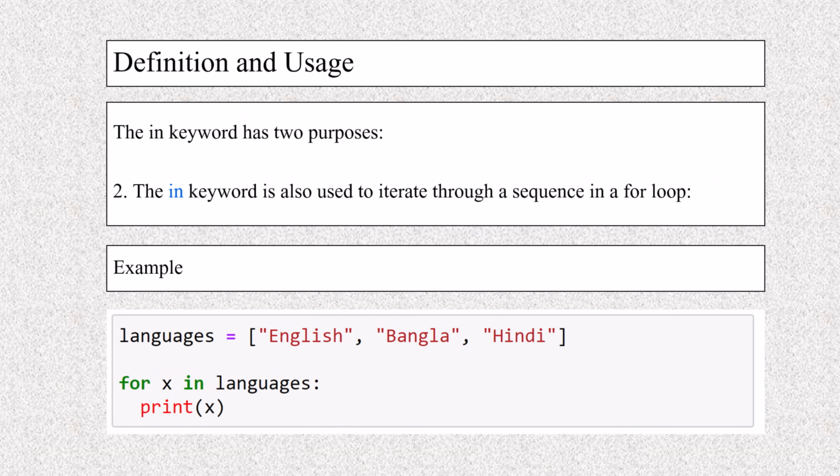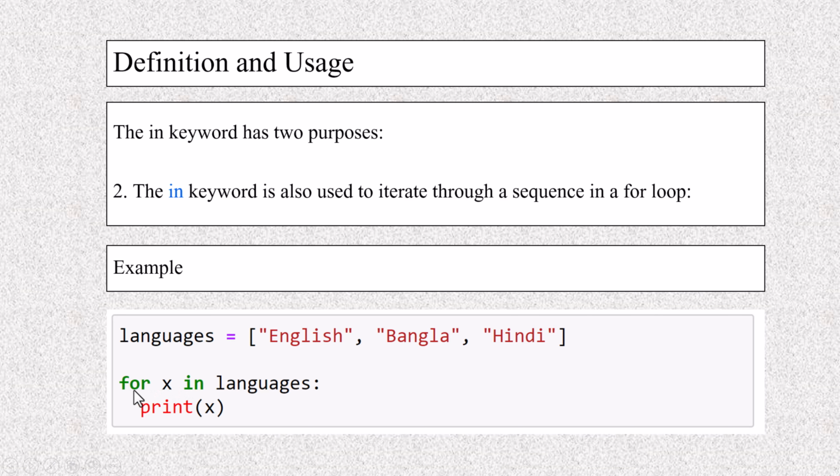And the next one is that the in keyword is also used to iterate through a sequence in a for loop. For example, we have the same languages list, English, Bangla and Hindi, and this time we are using the in keyword in a for loop.